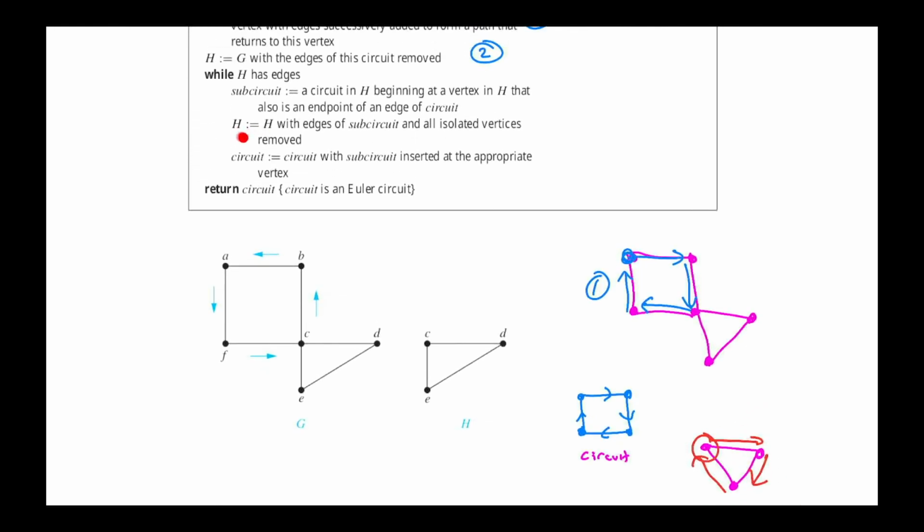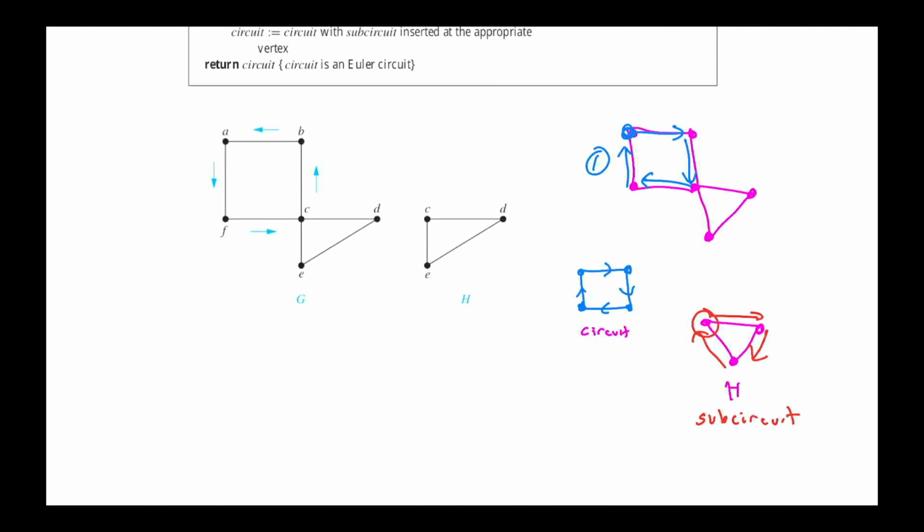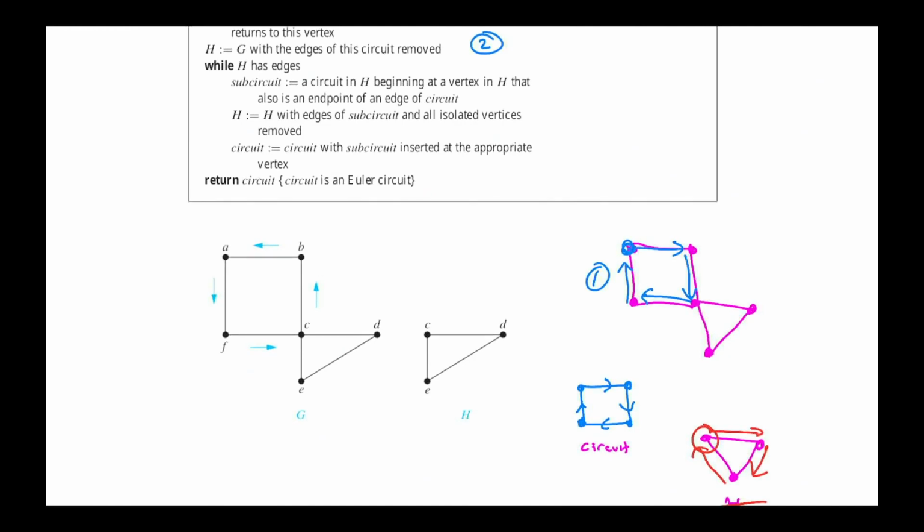And then what we're going to do is H equals H with the edges removed. So it's not called H anymore. It's just called subcircuit. And then what you do is you take the circuit and you add the subcircuit to it. And I say insert it at the appropriate vertex.